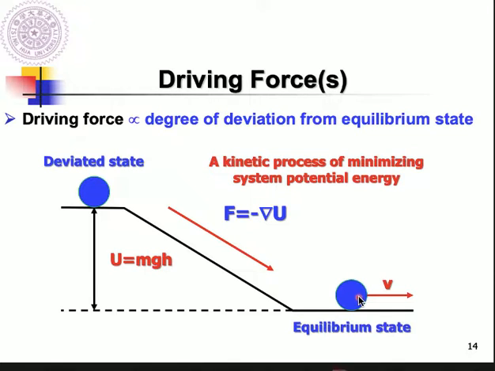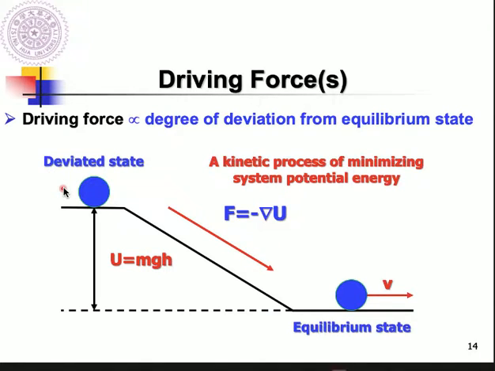Now I push this blue ball along this slope and reach this higher level, and this blue ball has potential energy equal to mgh against gravity, right? So when I release this blue ball, it is going to move from the deviated state toward the equilibrium state to minimize the system energy. So this is the driving force.